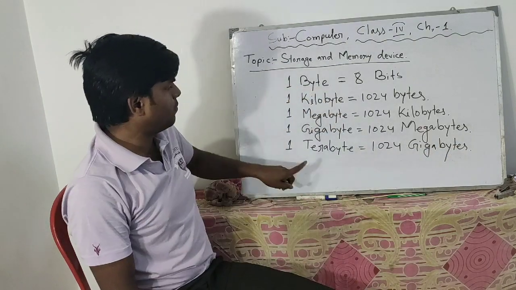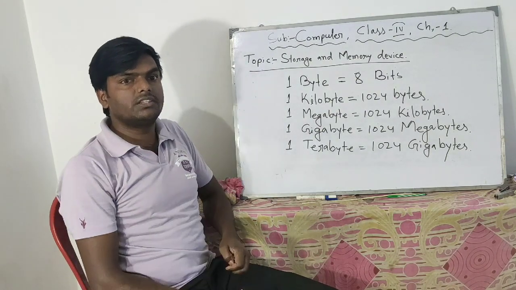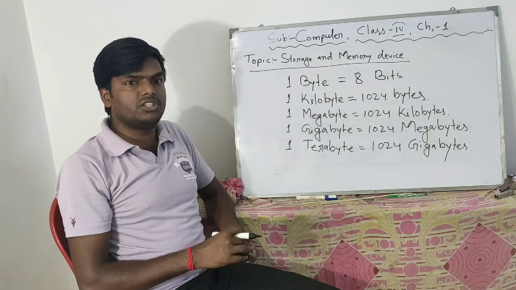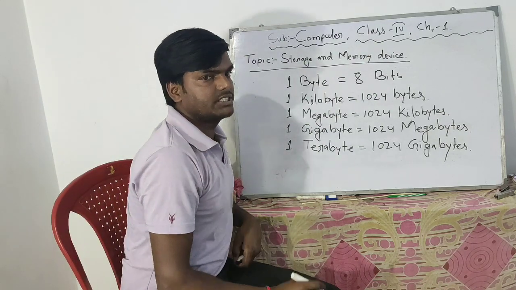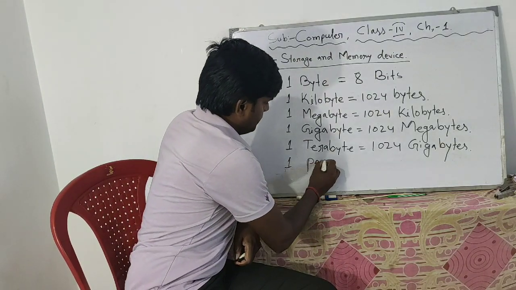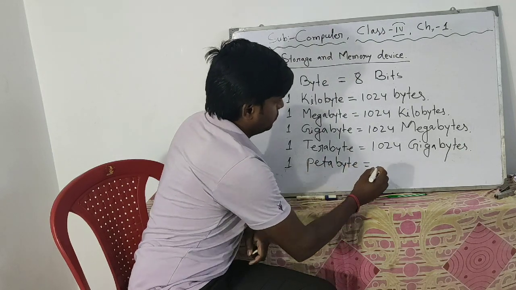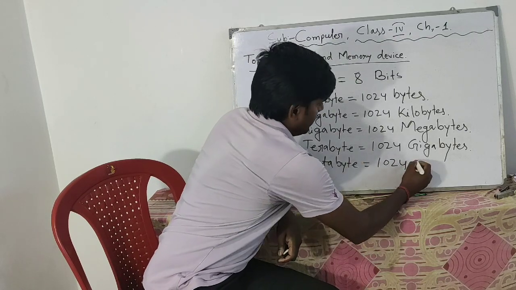Clear? So 1 terabyte equal to 1024 gigabytes. Okay. Next part, memory size, it is petabyte. 1 petabyte equal to 1024 terabytes.